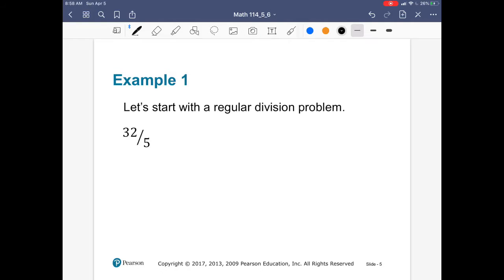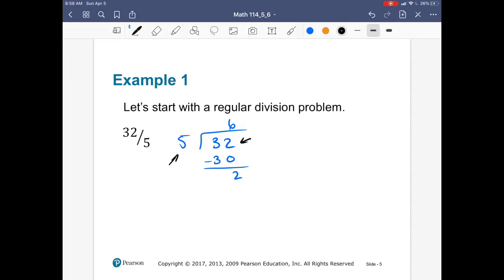So before we do anything, let's do a long division with numbers so we have a little idea. So we have 5 dividing 32. We know that it's 6 because we have 30. Remainder 2. So this is the important part.